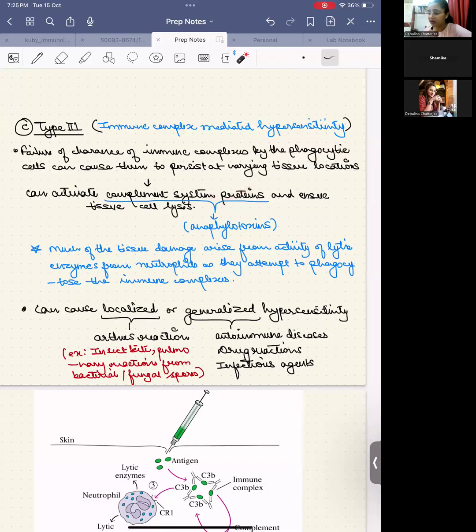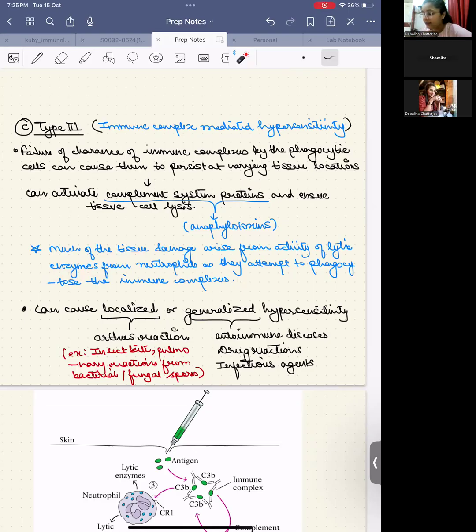These are nothing but the smaller fragments of your complement proteins. And because of the persistent immune complex, production of anaphylotoxin is also going to be persistent in the tissue, because of which we will have tissue damage arising from all the lytic components and enzymes that are formed.